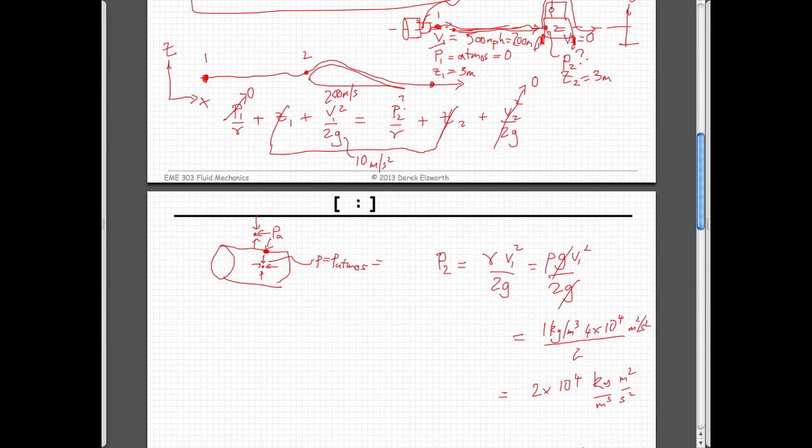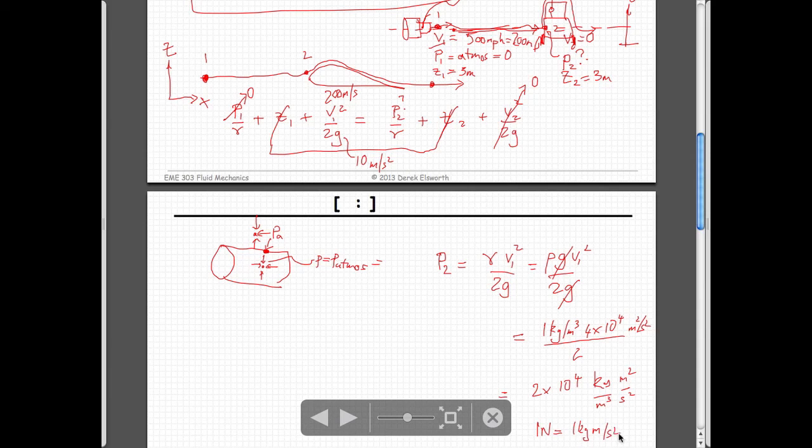And does that make sense? Density, velocity. So in other words, what's a Newton? 1 Newton equals 1 kilogram meter per second squared. Kilogram, kilograms, yes, say it again, sorry?